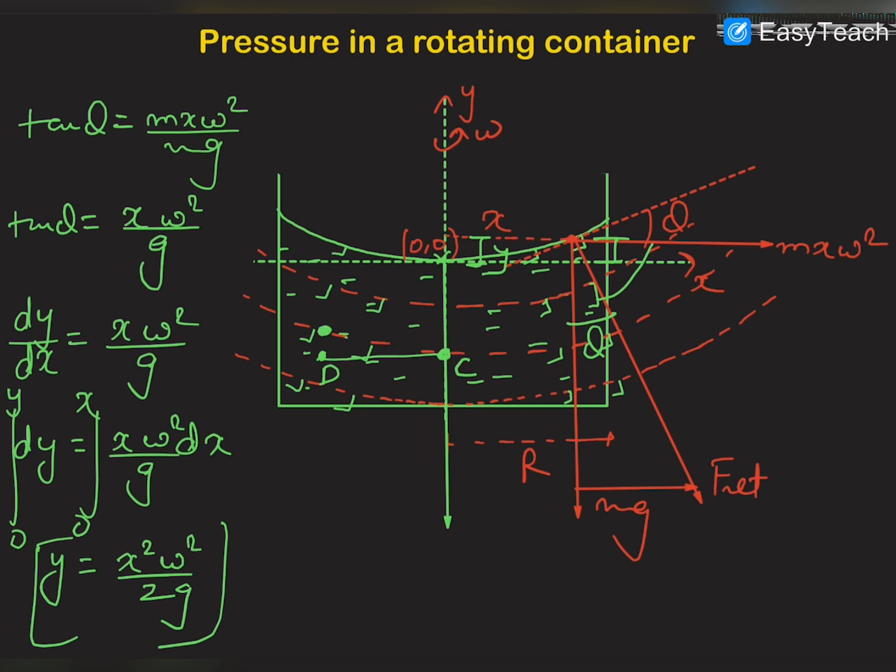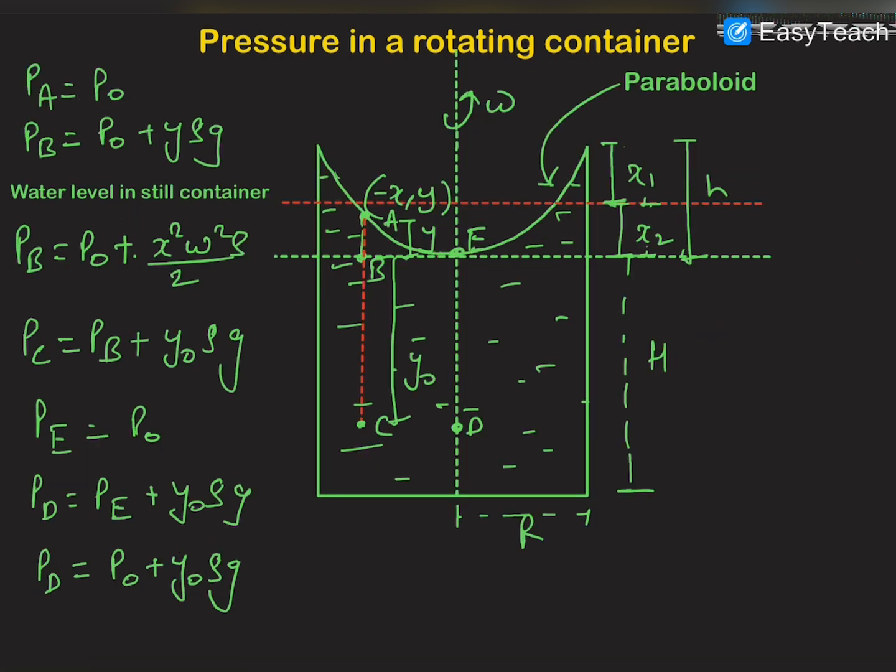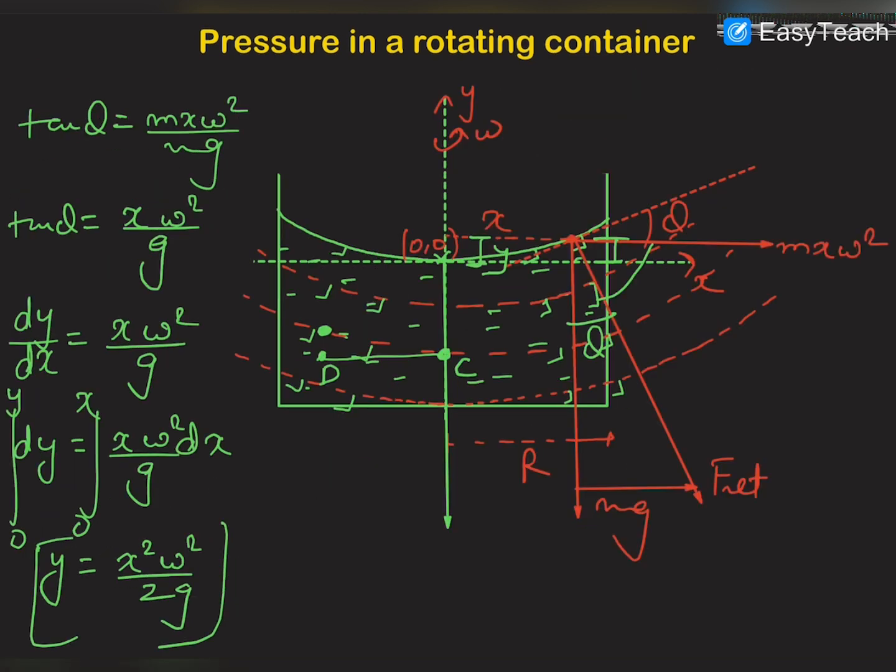Okay, now this is the pressure, and if we discuss the shape of the surface, then we can say that y is proportional to x square, so this shape will be a parabola. But obviously this is a line.